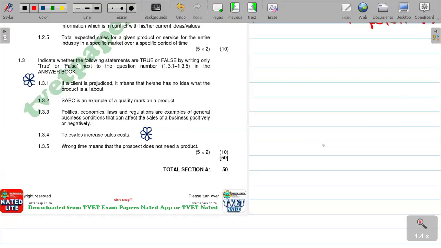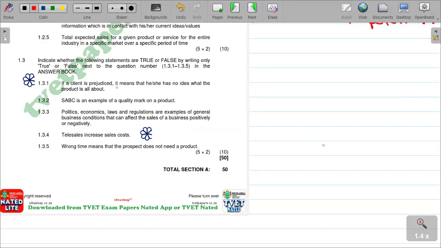Indicate whether the following statements are true or false. If a client is prejudiced, it means that he or she has no idea what the product is all about.